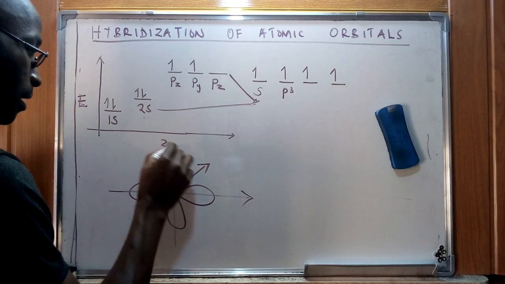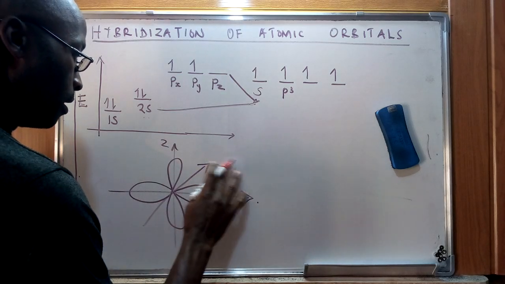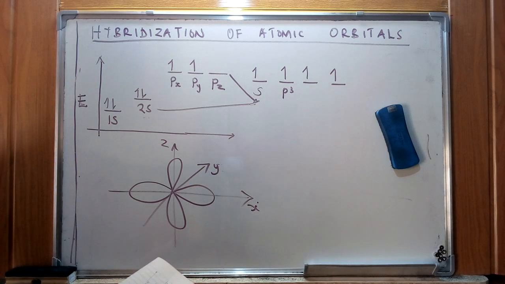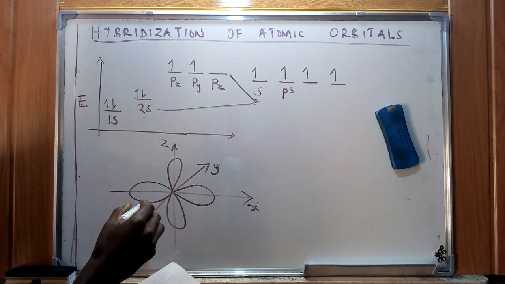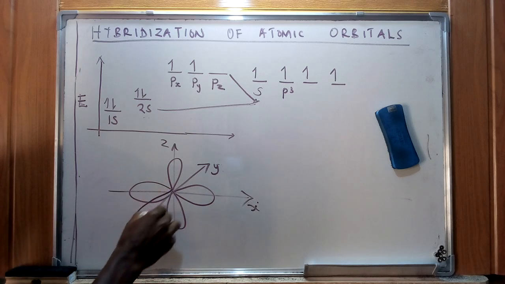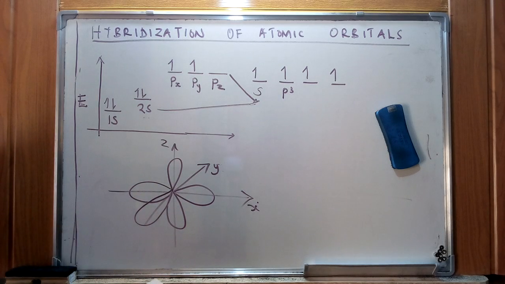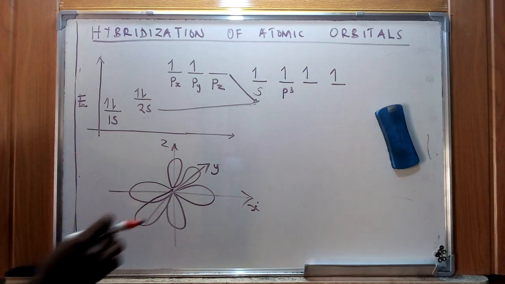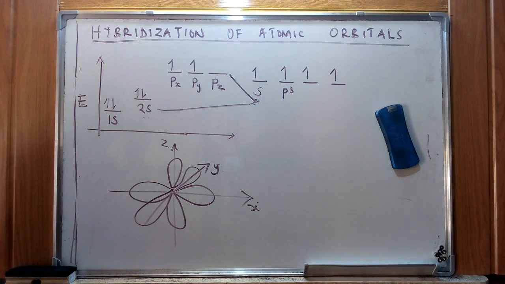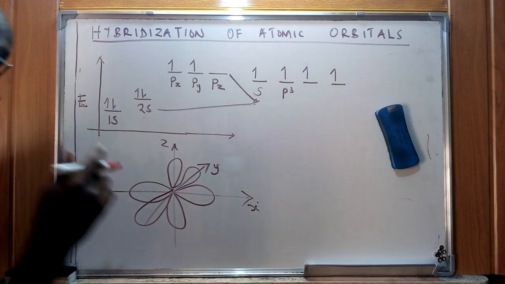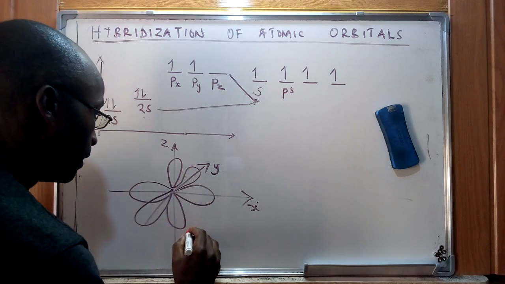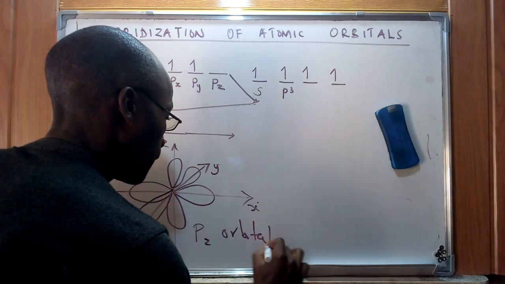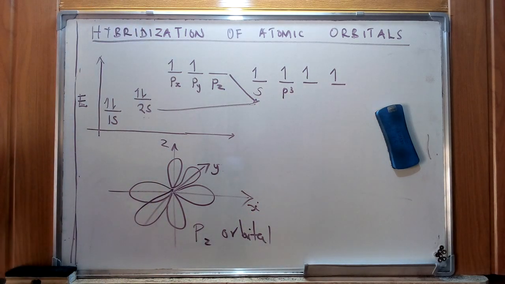So this is for the z, x, this is a y, x. We have a three-dimensional space, but of course I'm just going to align them along this axis. Therefore, we are going to have a single set of this, the pz orbital, that is going to remain unhybridized in this case.